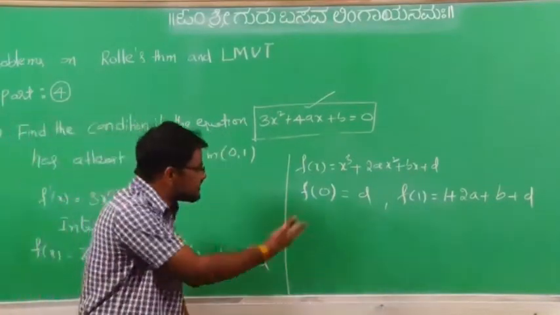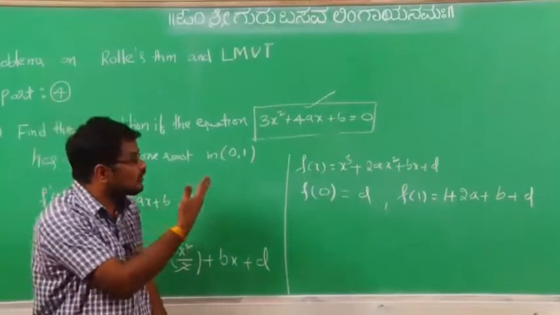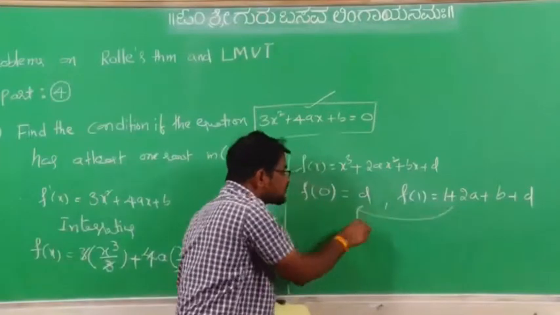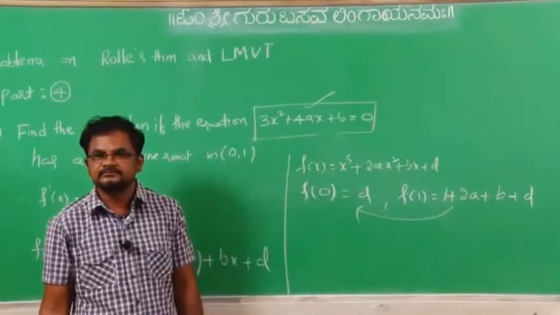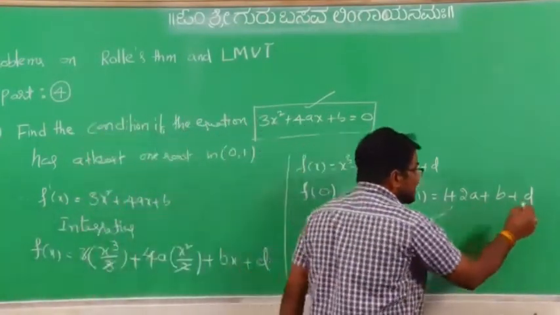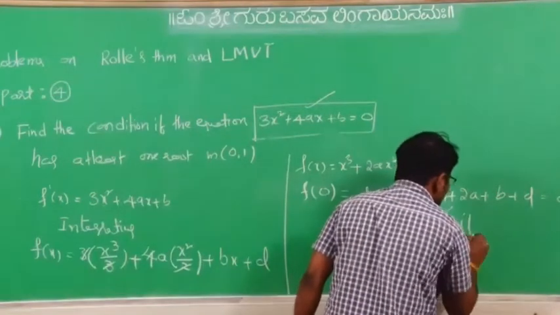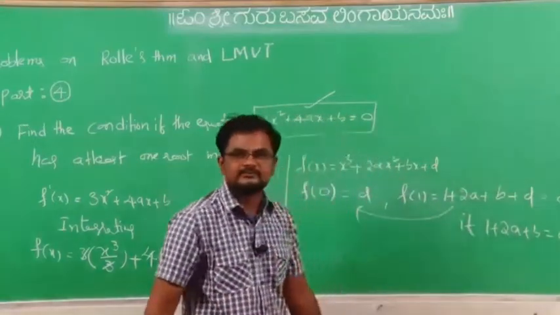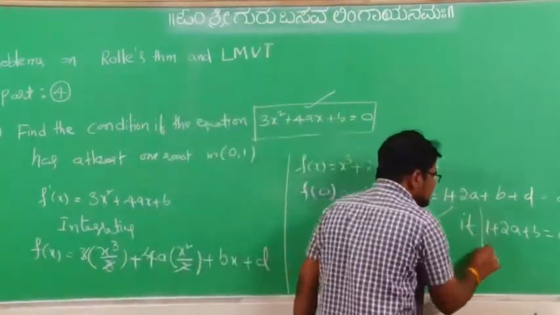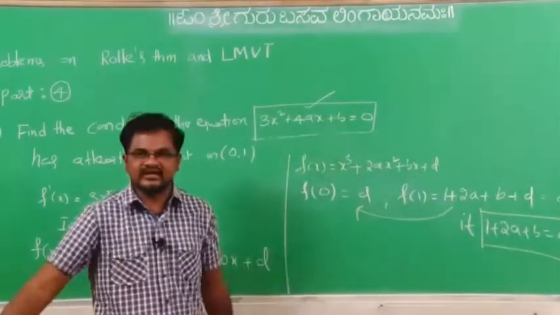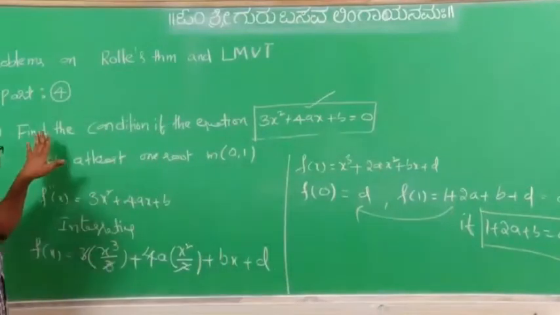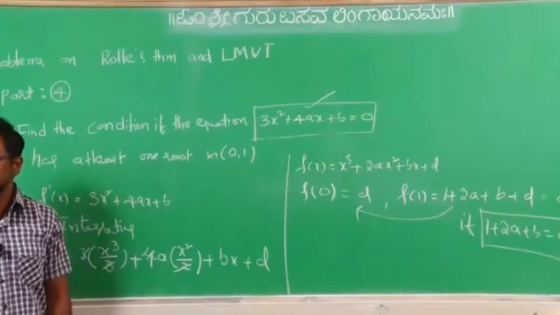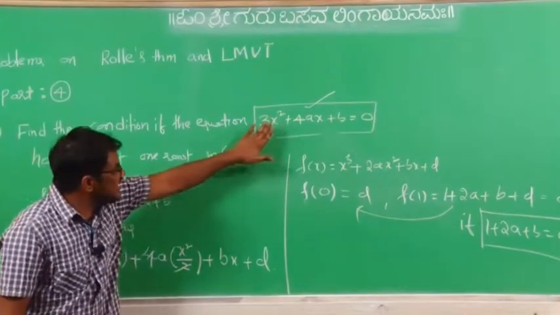f of 0 is d, but f of 1 is 1 plus 2a plus b plus d. When will this one equal this one? It is equal to d if 1 plus 2a plus b equal to 0. So this is our required condition, that is what is asked: the condition that this equation has at least one root.